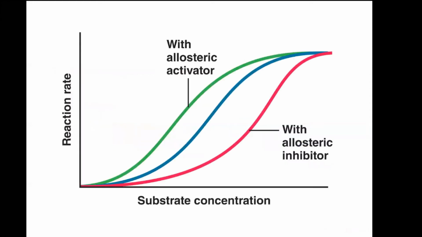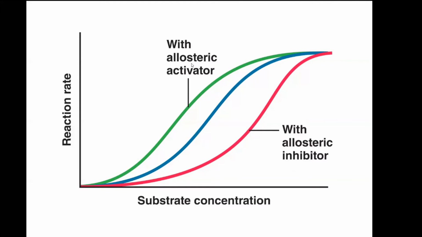Okay. So you might see a graph like this. There are both allosteric activators and inhibitors. So an allosteric inhibitor makes an enzyme bind onto its substrate less well. So it makes the enzyme work slower. It's going to slow down the reaction rate. And an allosteric activator basically speeds it up.